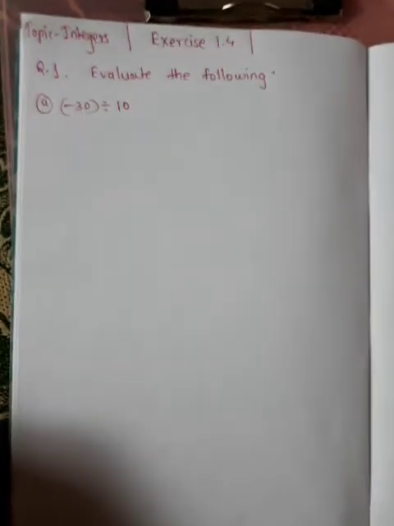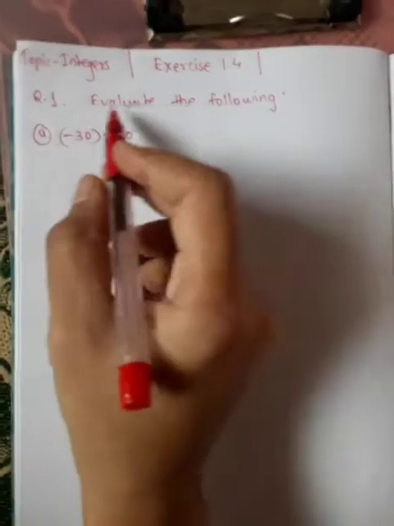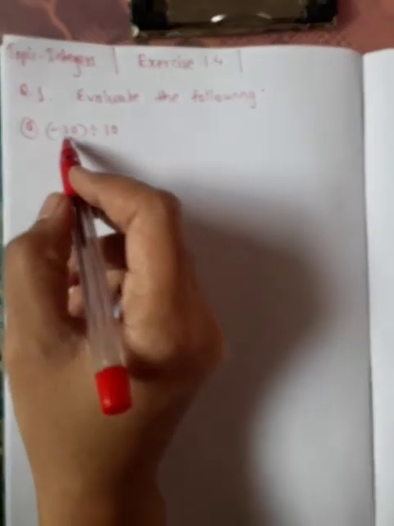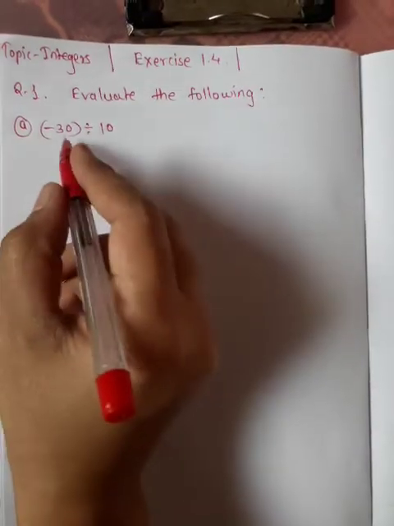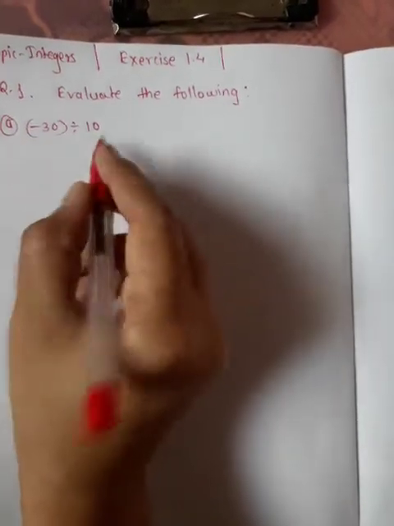Question number 1 is: evaluate the following. The first example is minus 30 divided by 10. We have to find the value of this quantity.